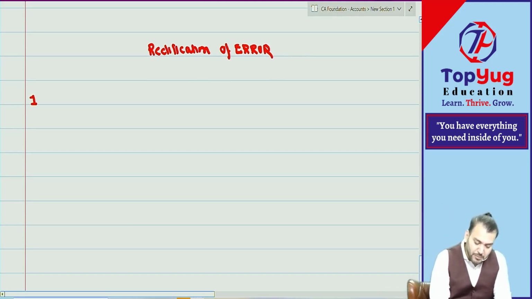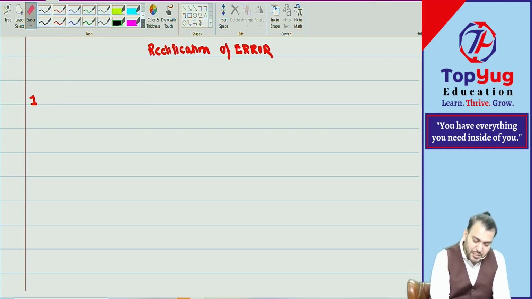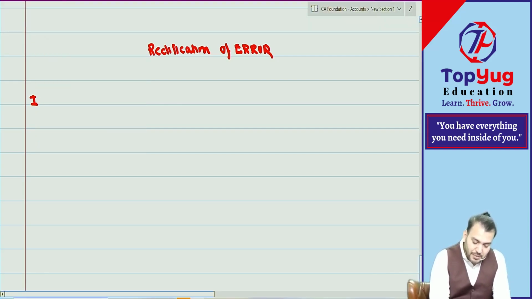But illustration number 2 we are doing now. This was very simple, we can do it directly. But whenever you have doubt, what is the process? First think about the correct journal entry. Correct journal entry is what? Furniture account debit to cash or bank.